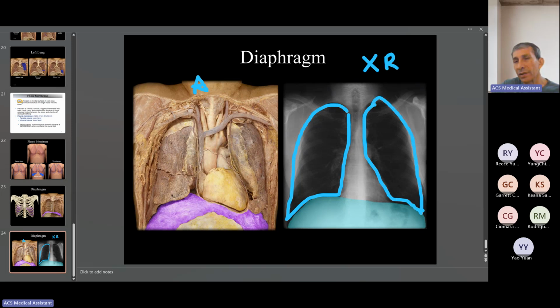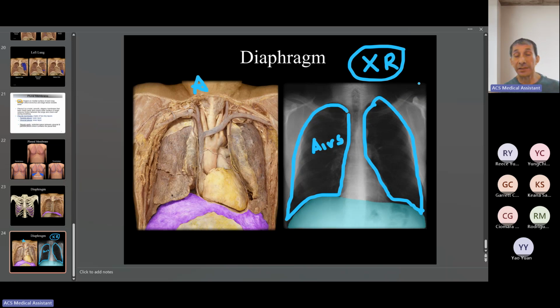This is what's important. Air inside the lungs on an x-ray image looks dark. Pay attention to that. Air on an x-ray, when you have the chest x-ray, we are taking a picture of the lungs with x-rays.